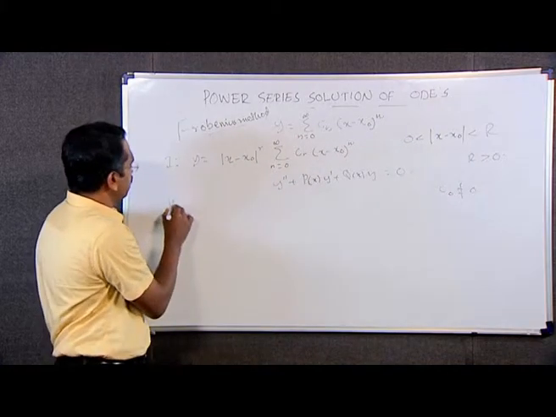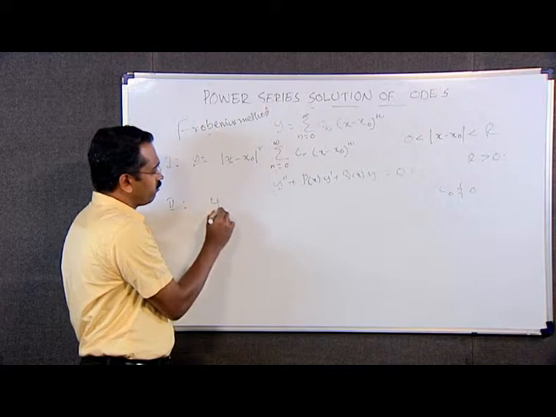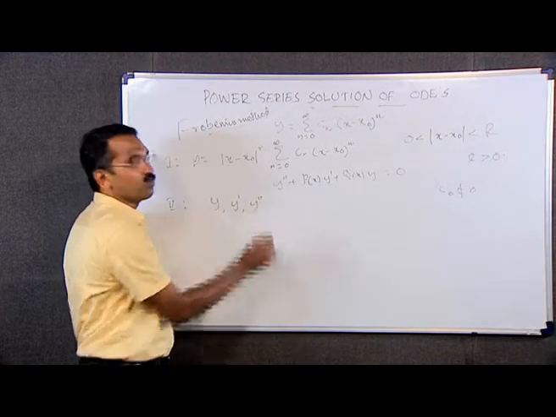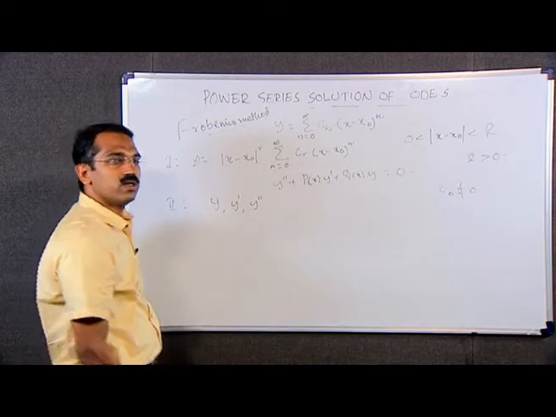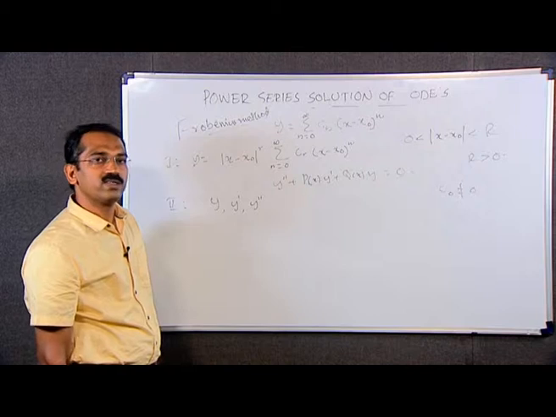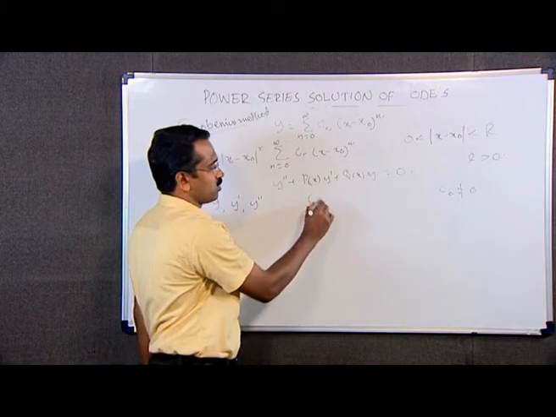The step 2 is we substitute the value of this y dash and y double dash in the given differential equation and collect the coefficients of like powers of x minus x naught.